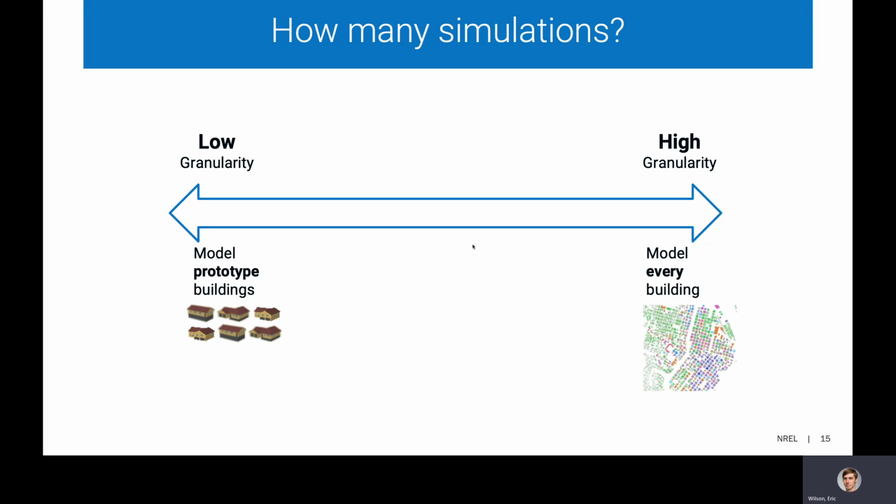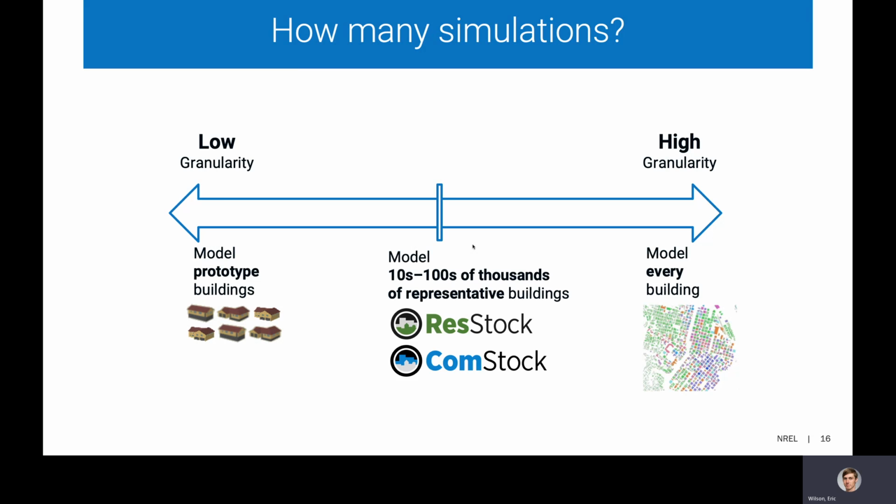High granularity, you're trying to model every single building. Most of the time, you don't have the necessary data to model every single building with accuracy. So we fall in the middle, where we're running hundreds of thousands or up to 1 million representative building models for ResStock and ComStock, and seek to represent the diversity of characteristics in the stock without having to model every single building.